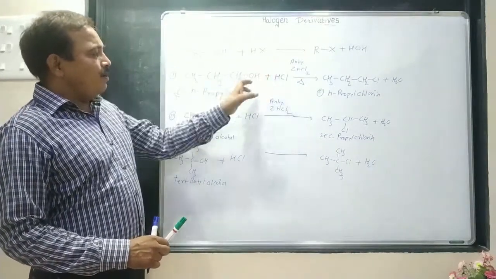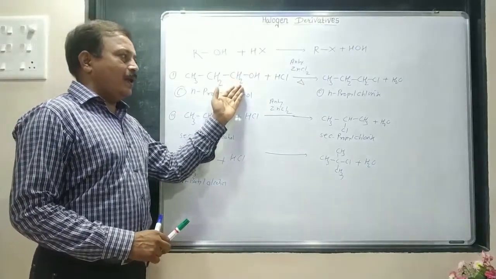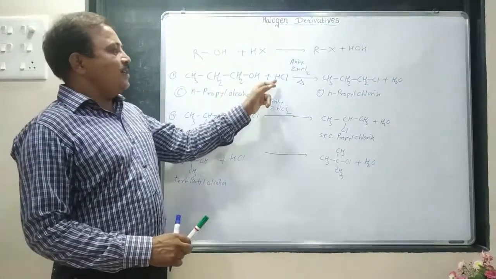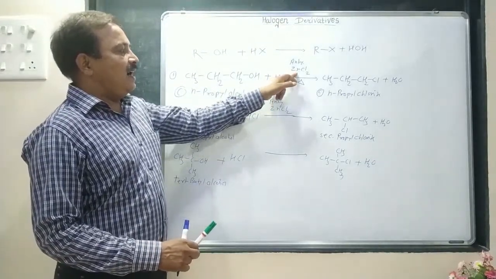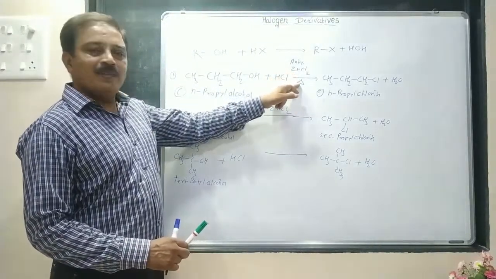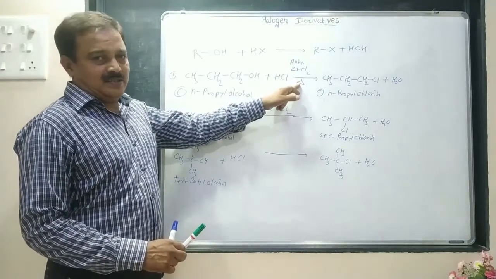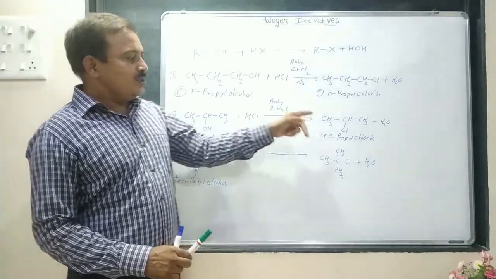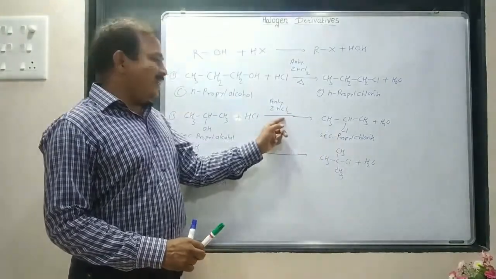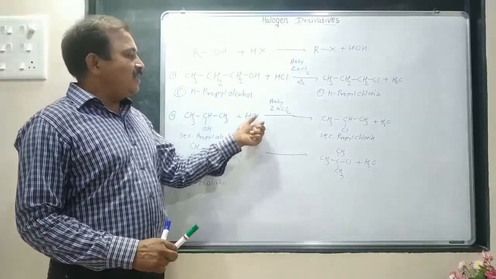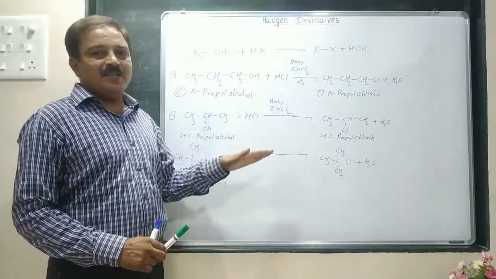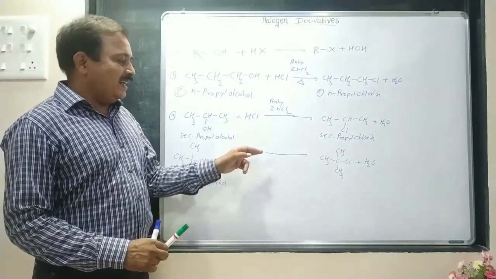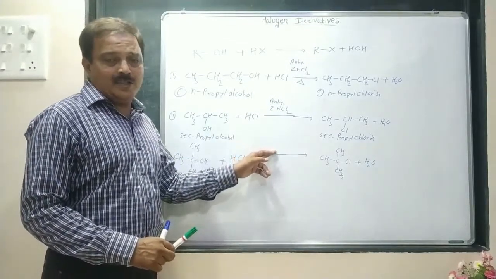To convert a primary alcohol into a primary alkyl halide, HCl and anhydrous ZnCl2 are necessary, and heating is a must. In conversion of secondary alcohol into secondary alkyl halide, heating is not necessary, but HCl and anhydrous ZnCl2 are required. In the third one, neither heating nor anhydrous ZnCl2 is required.